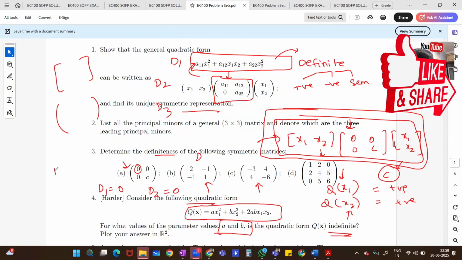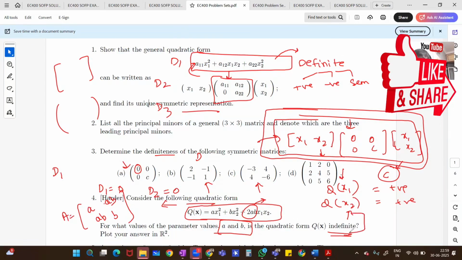One way of doing it is because you will be finding the symmetric matrix only, right? Tell me what is the symmetric matrix out of it. A and B will be the leading diagonal, and half of this, that is AB, right? This is now the symmetric matrix.